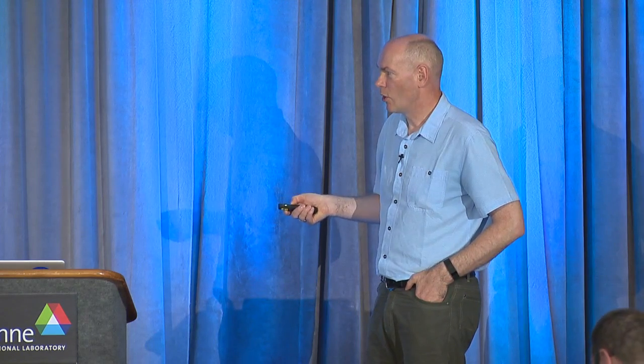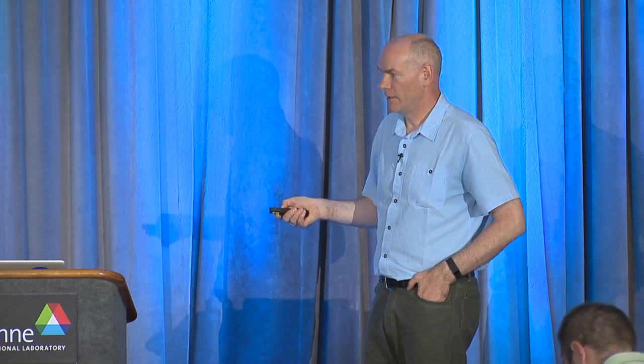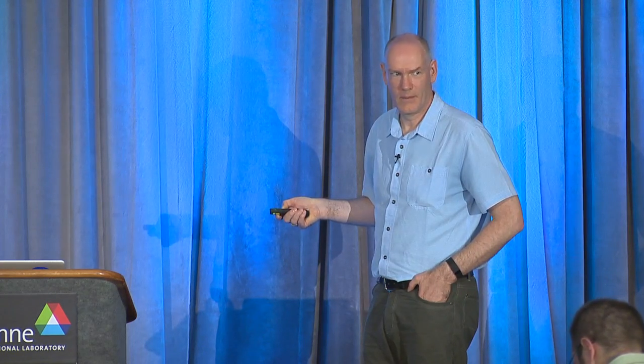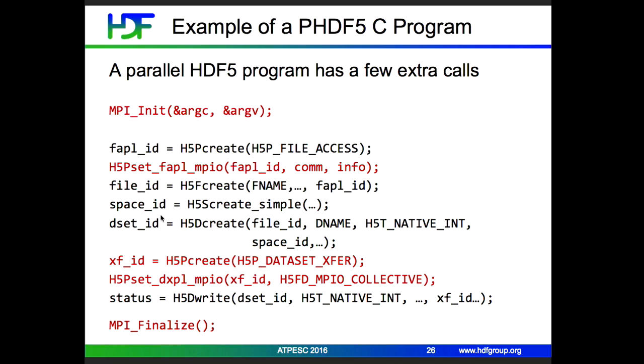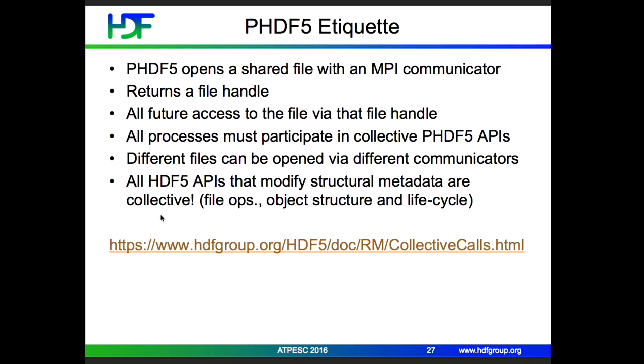But you encode that all in this property list, rather than defining two more H5D write variants. And so that's the flavor of a parallel HDF5 C program.